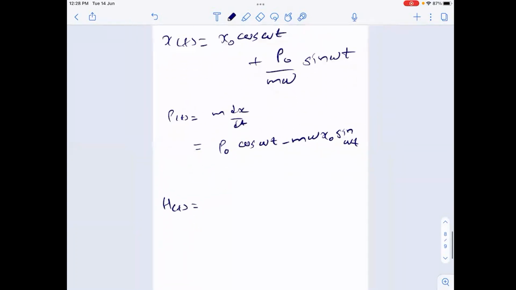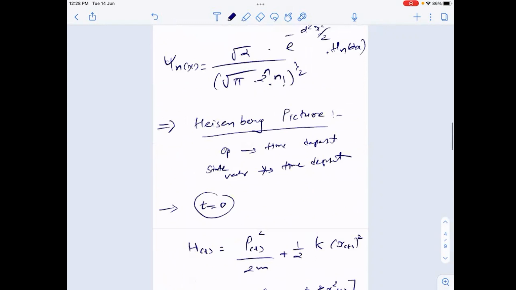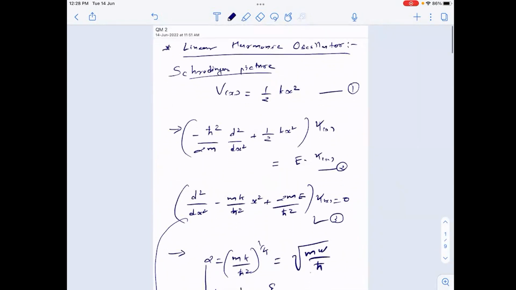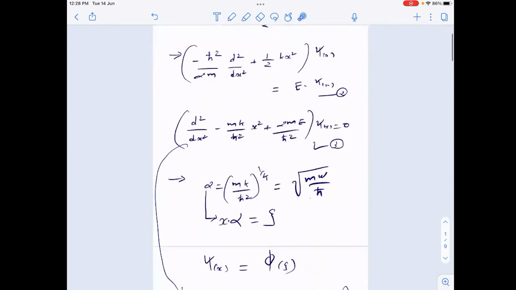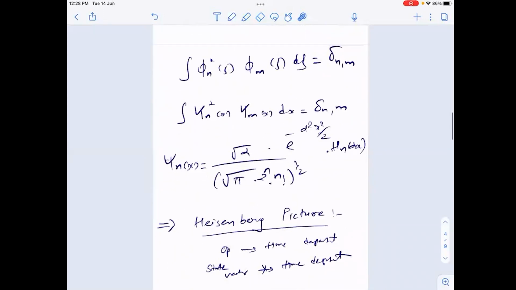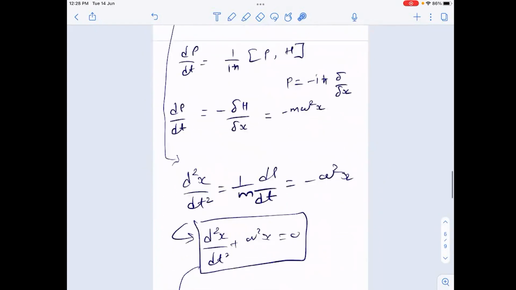So I will write this again: p square of t plus m square omega square x square of t, the Hamiltonian we begin with. Let's see whether it is time independent or not.